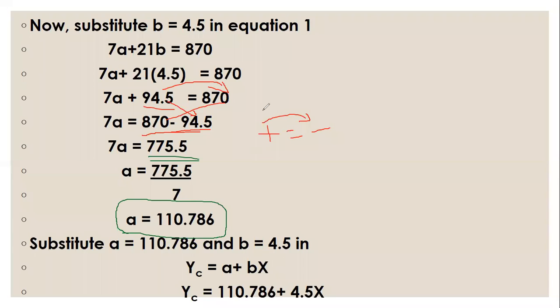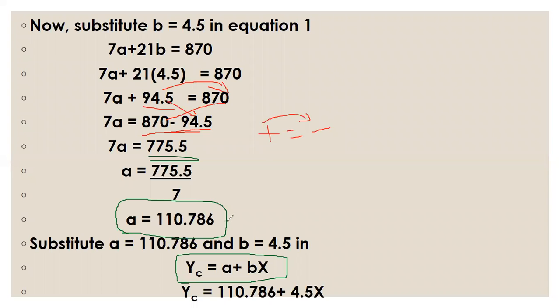Okay. So now coming to the final step, we have this standard straight line format. Now in this standard straight line format, let us put all the values of a and b. Here you have yc, which is nothing but the trend value, is equal to a.